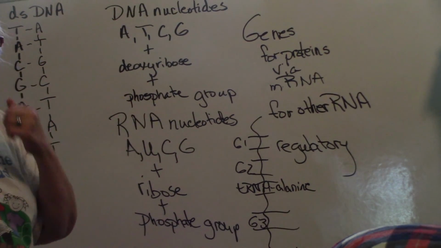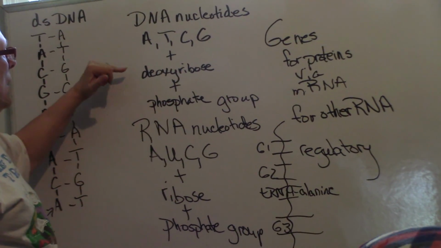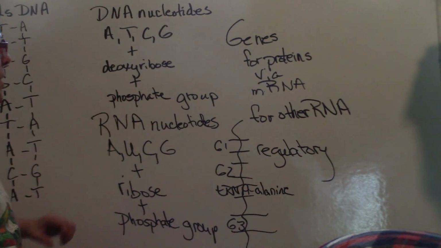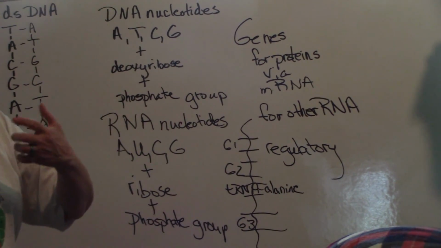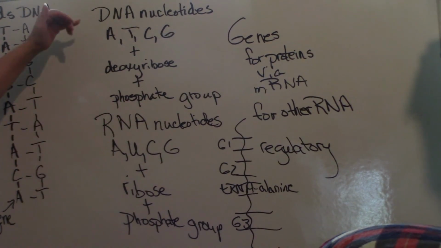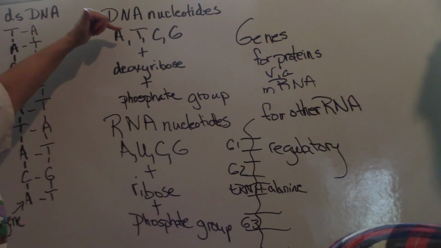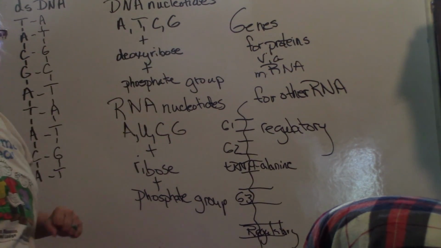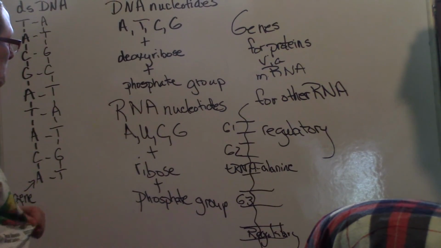So each nucleotide has one of those bases. It has the sugar deoxyribose and a phosphate group, and that makes up a DNA nucleotide. And there are adenine nucleotides, thymine nucleotides, cytosine nucleotides, and guanine nucleotides.